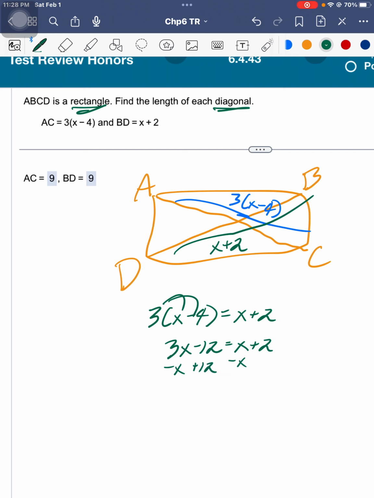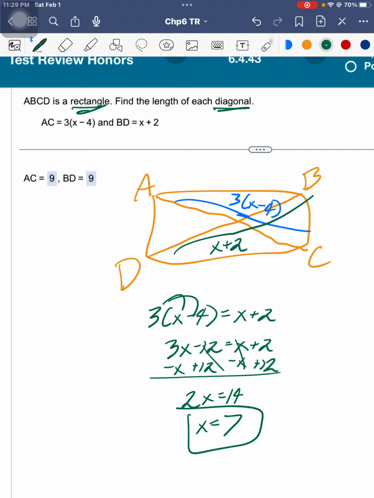Add x plus 12 plus 12. So this is 2x equals 14. So my x should be, wait, did I do something wrong there? Oh man, what did I do? Oh no, I'm good.